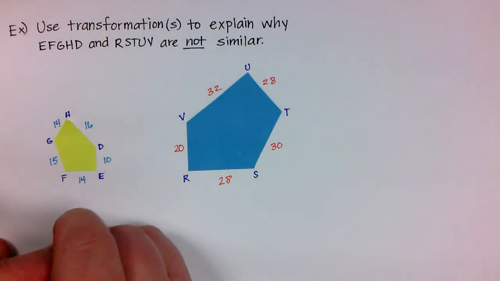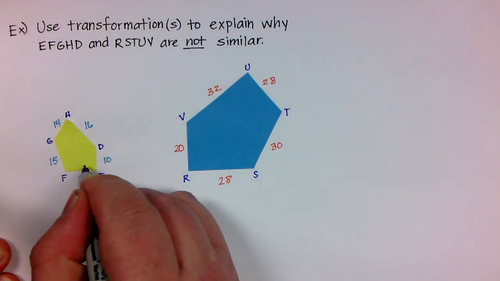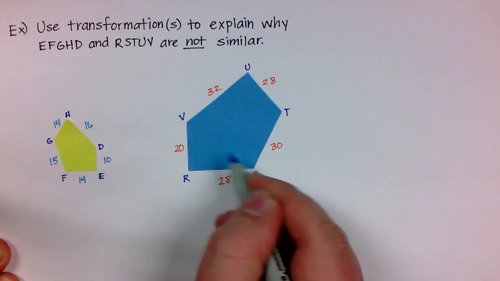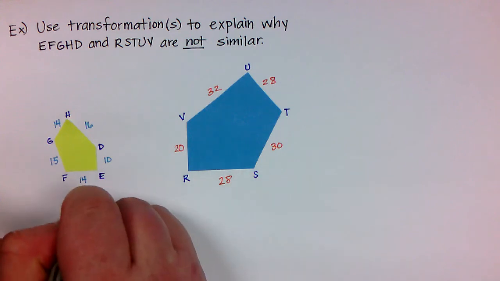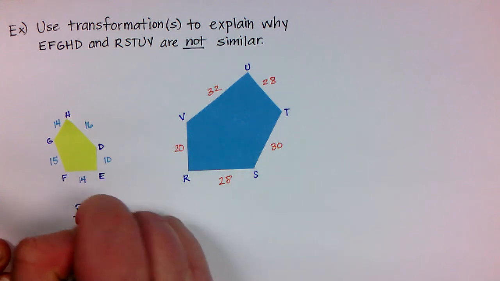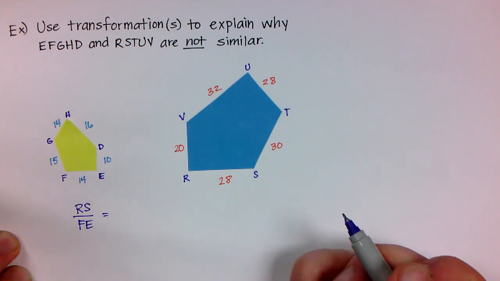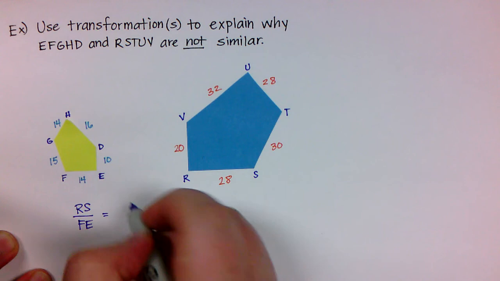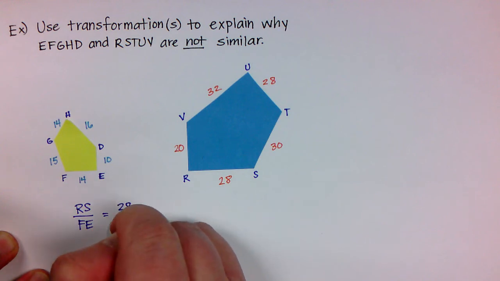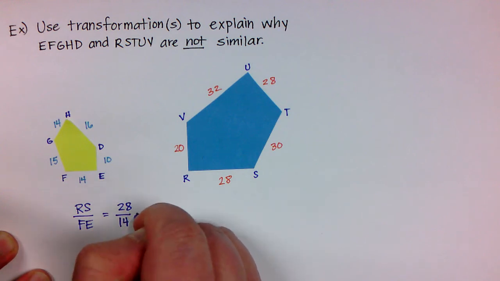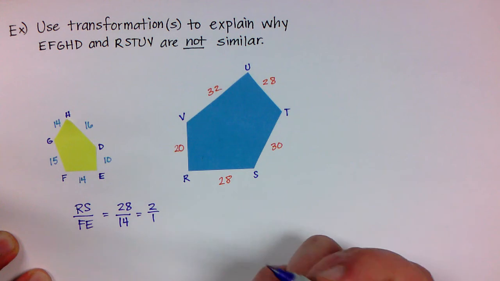So why don't we compare, it's going from the old one to the new one, so we're going to start with the new one. So RS compared to FE, and let's see if that is it. So RS is 28 and FE is 14, and that simplifies to 2/1.